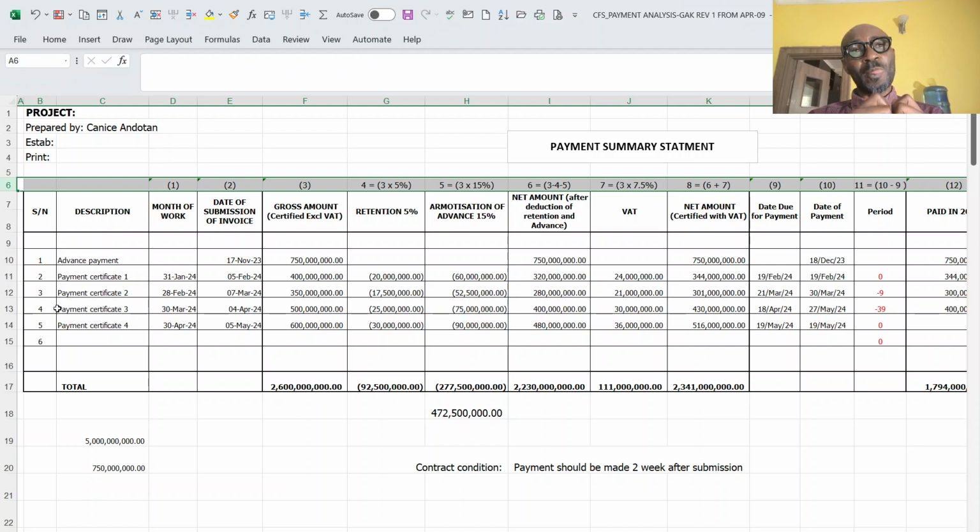Mind you, there are always differences when both parties are not working together; that is where you often see a wider gap between the request for payment submitted by the contractor and the one that the client has certified.